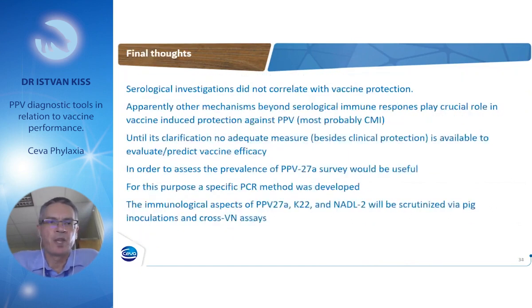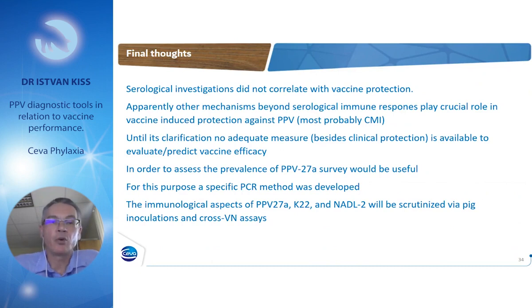And the final thoughts: serological results or investigations did not correlate with vaccine protection. So therefore, our hypothesis, which is supported by literature data, is that the cell-mediated immune response and, in particular, strong immune memory should play a role in this strong protection.